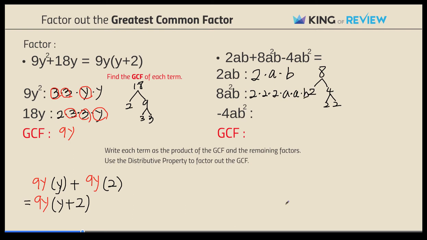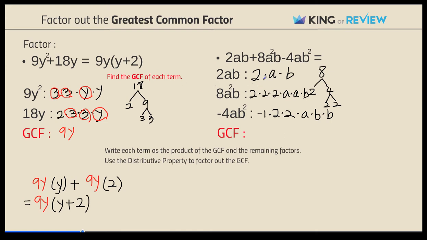And what we'll notice about this term is the coefficient is negative. So we can rewrite negative 4 as negative 1 times 2 times 2. So this negative 4ab squared is negative 1 times 2 times 2 times a times 2 factors of b. Now we circle all of the factors in common among all three terms to find the GCF.